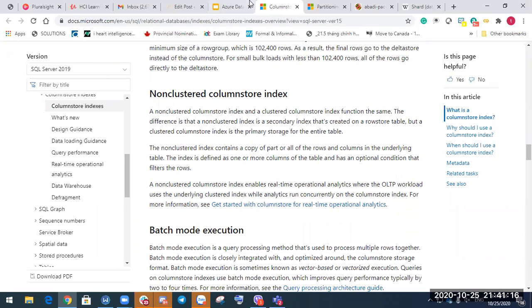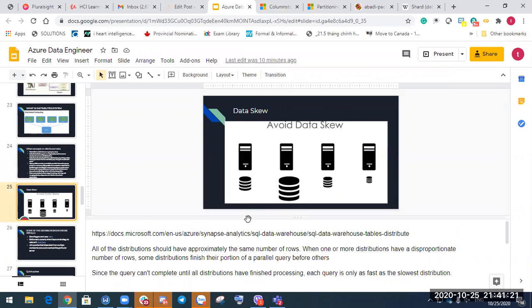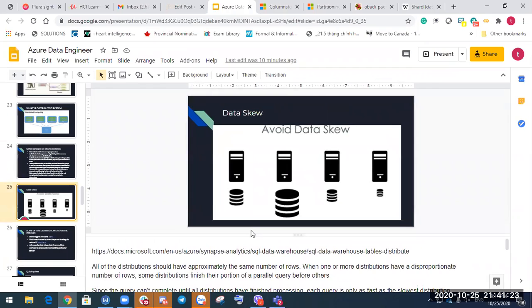Okay, so let's talk about data skew, because data skew is also a big issue in distributed systems, and how Azure and other cloud providers each have different tools to deal with this issue, but the solution is very similar. In a distributed system, when you distribute a table, each distribution should have approximately the same number of rows.